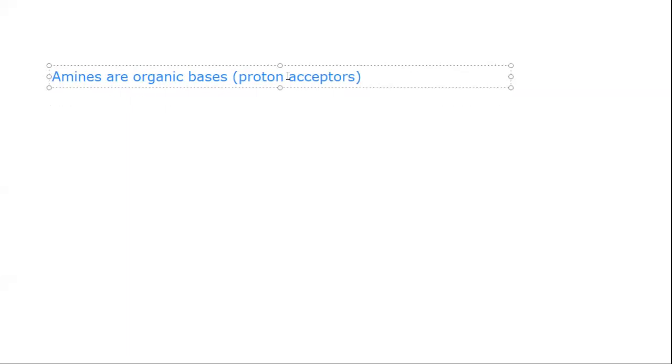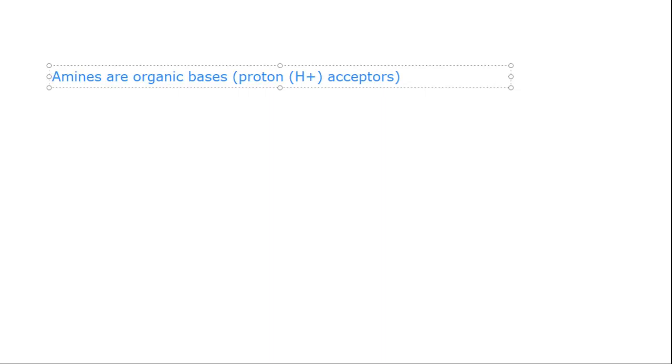Bases are proton acceptors. Yes. pH higher than 7, that's true. But the basic definition for a base is that bases are proton acceptors.